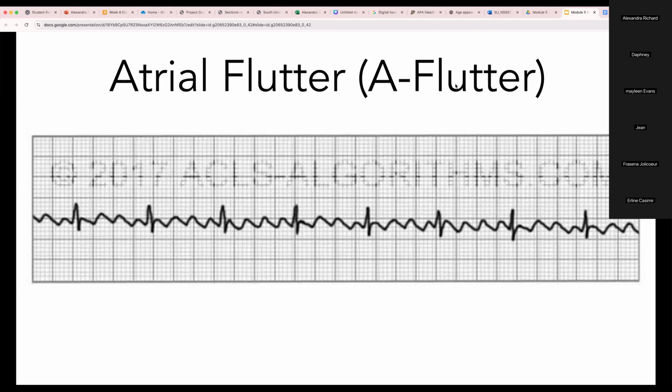So atrial flutter is usually more resistant to medication. So what is more likely going to be more effective in resolving a flutter? What procedure would they maybe have to do?